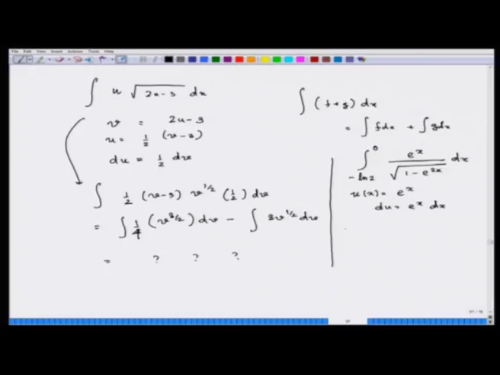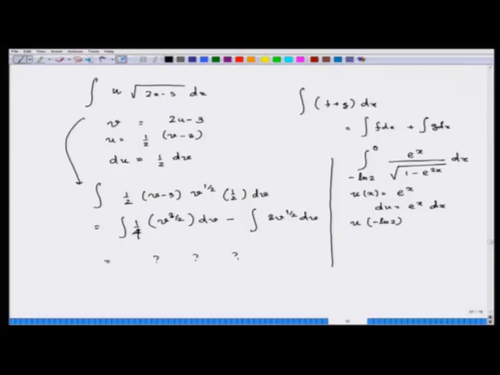So, what does this whole thing become? When x is minus log of 2, it becomes u of minus log of 2, because now we have to also change these 2 points.